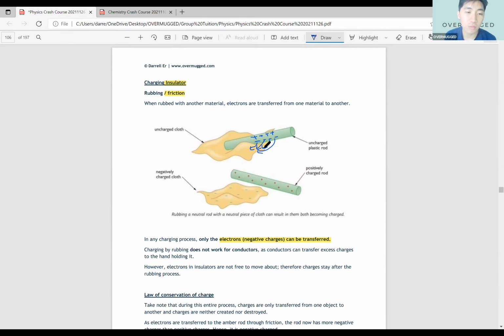If my electrons move from my cloth to my rod, then my cloth would be positively charged, because my electrons move away, and then my cloth remaining behind is positively charged. Then the charge you see here on the diagram will make sense already. So it's about where the electrons move to, leaving behind the plus or adding on to more negative charge.